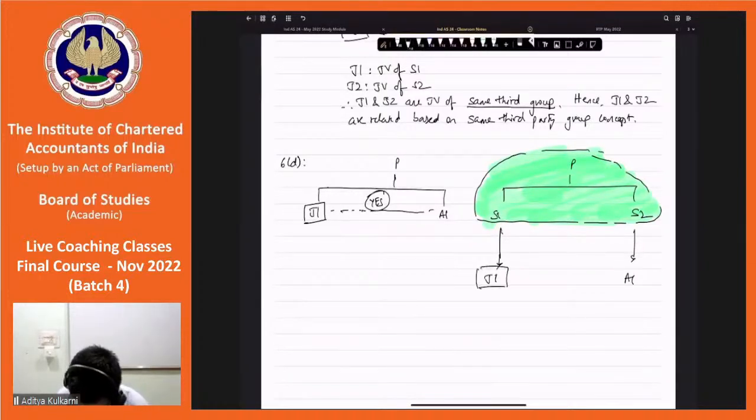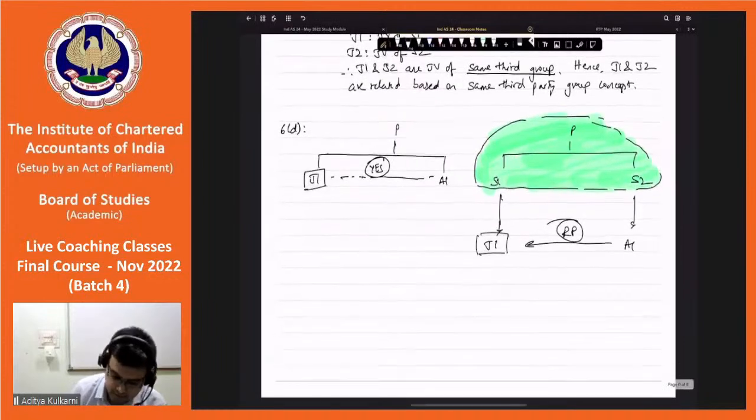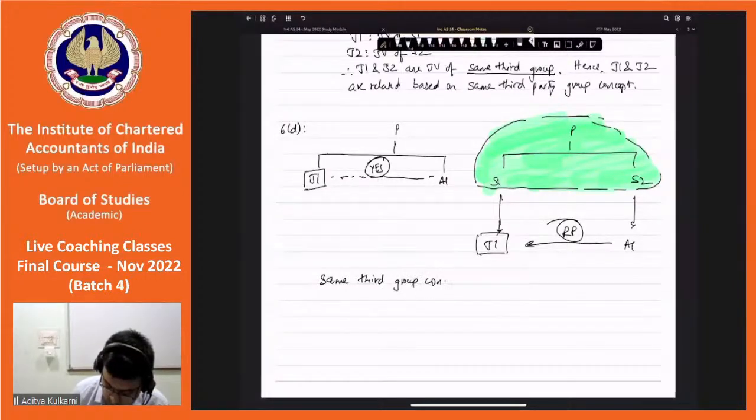And therefore, is A1 related to J1? Yes. Opposite also holds true. Is J1 related to A1? Answer is yes. Same third group concept applicable.